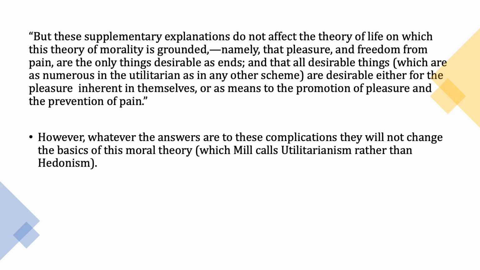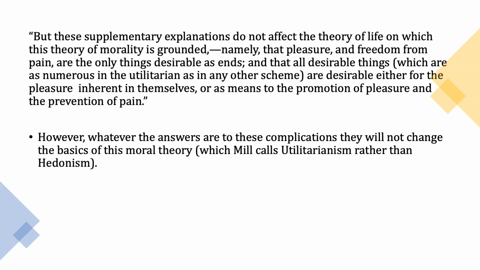All right, so here Mill is pointing out that whatever the answer is to the complications that he just pointed out, those answers aren't going to change the basics of the moral theory that we're considering.